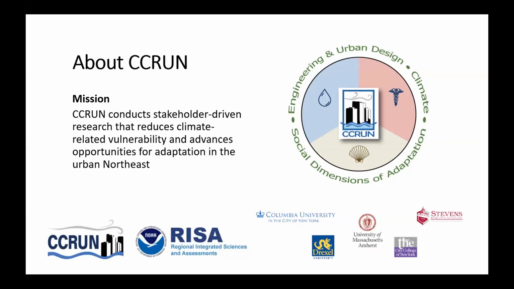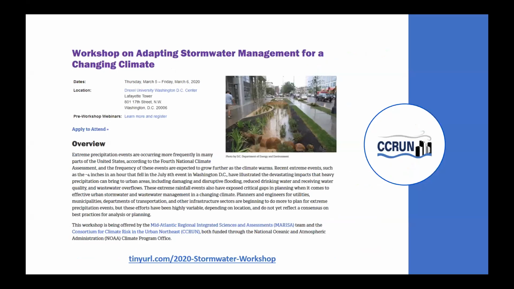And we do a lot of these types of stakeholder engaged research and are happy to bring you this particular series. The 4 webinars, which I'll give you a review of in a moment, are the preamble to an actual workshop to be held in Washington, D.C.